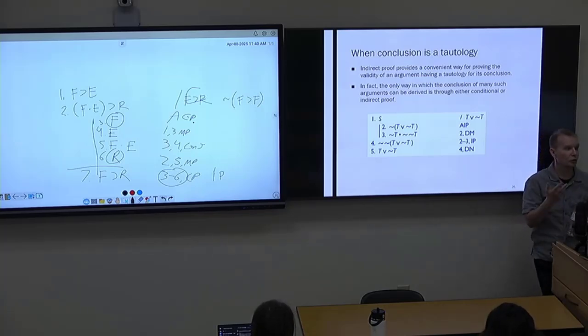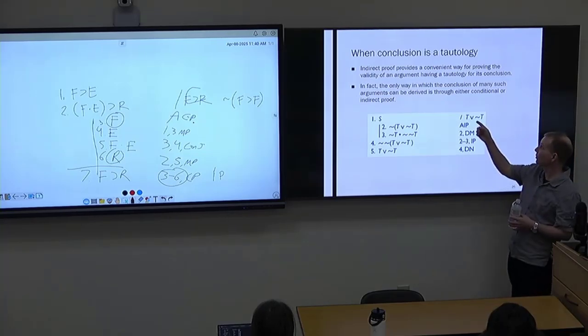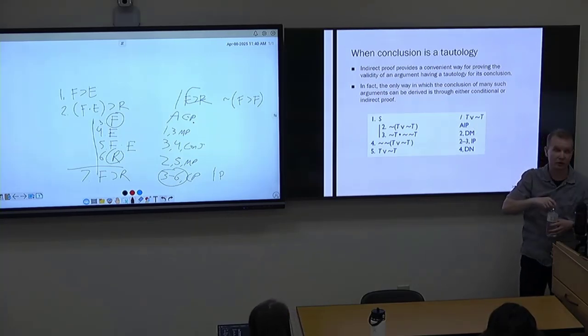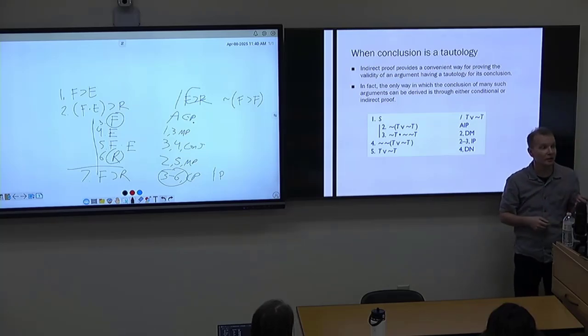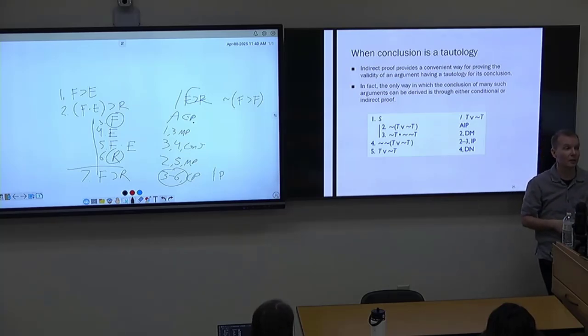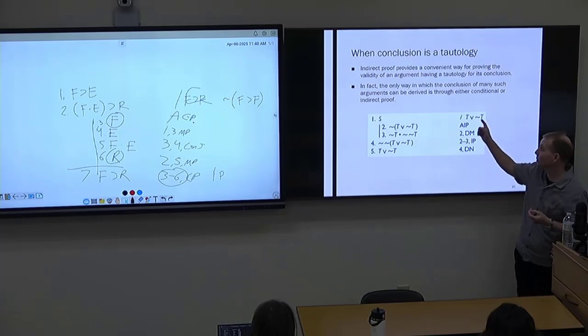Then when the conclusion is a tautology, in this case you have T or not T, which is a tautology, that would always be true, right? Indirect proof provides a convenient way for proving the validity of an argument having a tautology as a conclusion. The only way in which the conclusion of many arguments can be derived is through either conditional or indirect proof, because otherwise you would not prove that. But here you can do it.